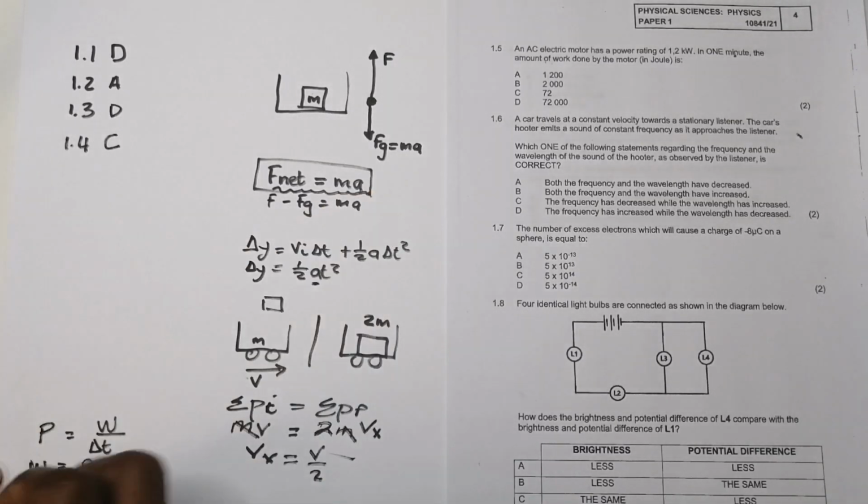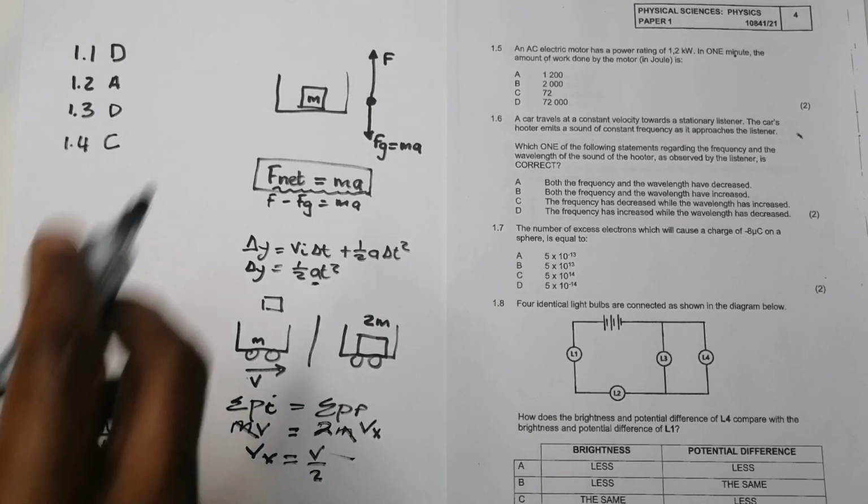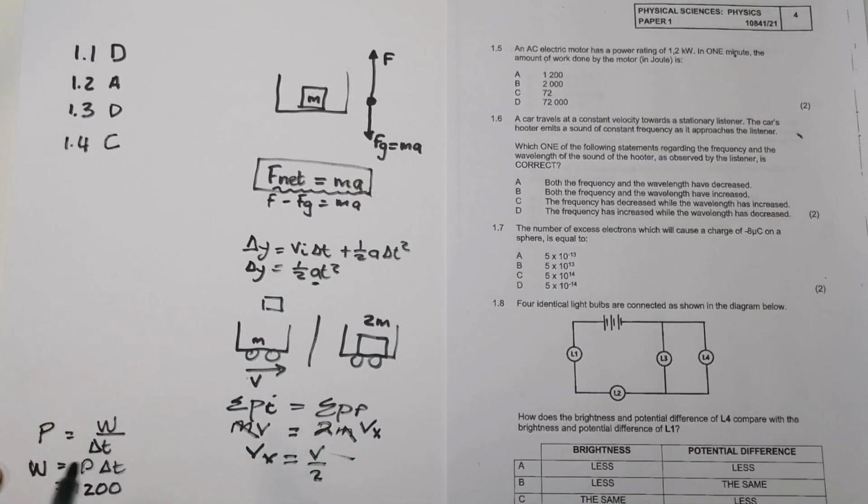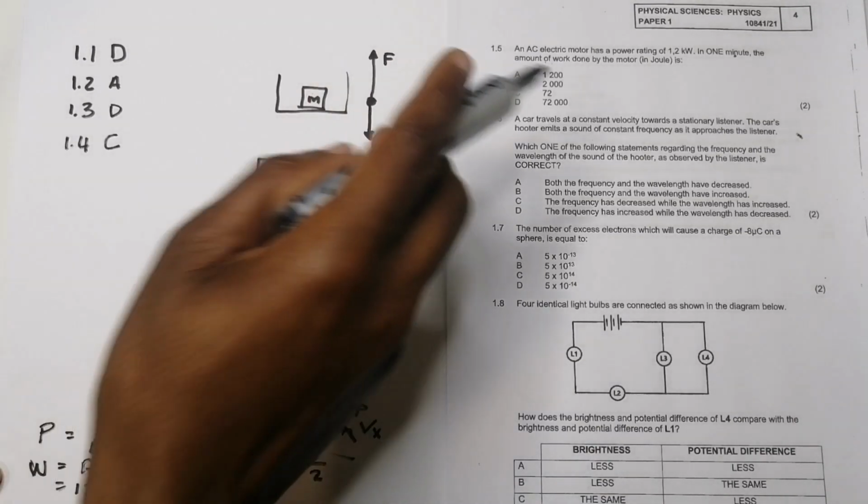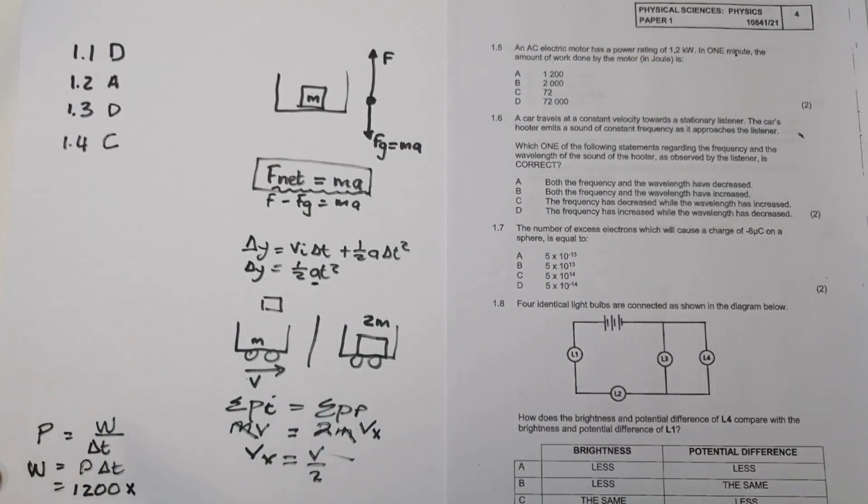If we look at this, we're given a power of 1.2 kilowatts, so this would be 1200 watts. Remember, kilo just means 1,000, so you say 1.2 multiplied by 1,000, multiplied by the time. In this case, you were given that time as 1 minute, so we need to multiply that by 60.